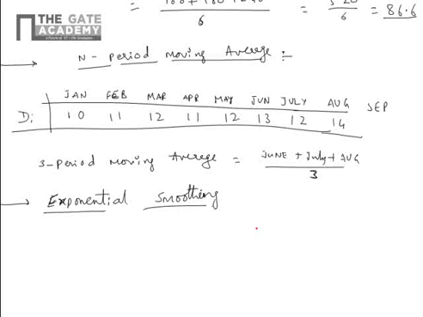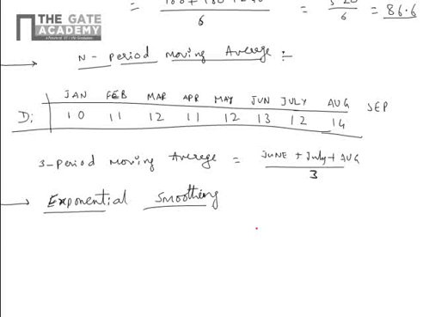Why do we need this method? We can take more data points. In the earlier problem we took only a 3 month moving average, but instead we can take from Jan to August, with the weights being exponentially less for January. The weightage for every previous data point decreases exponentially.